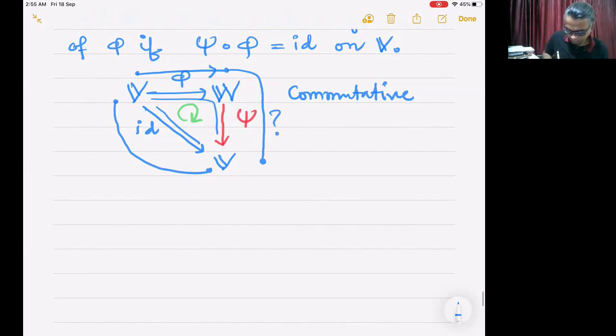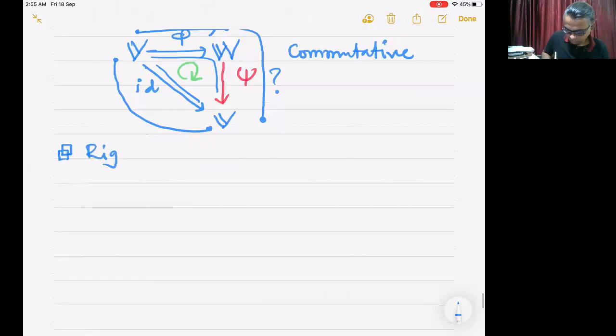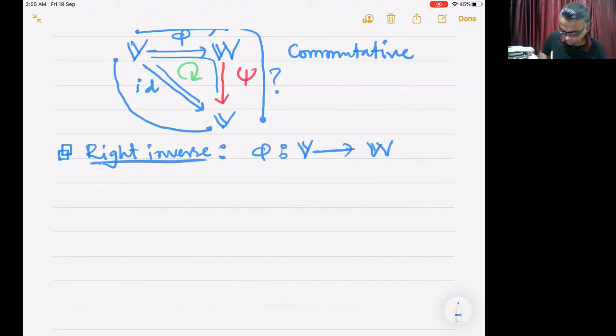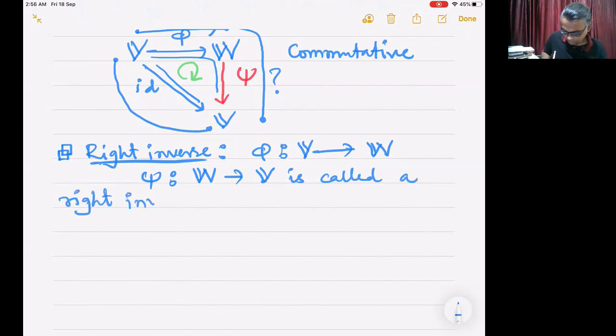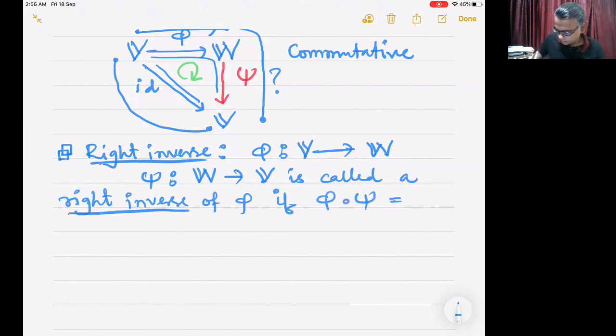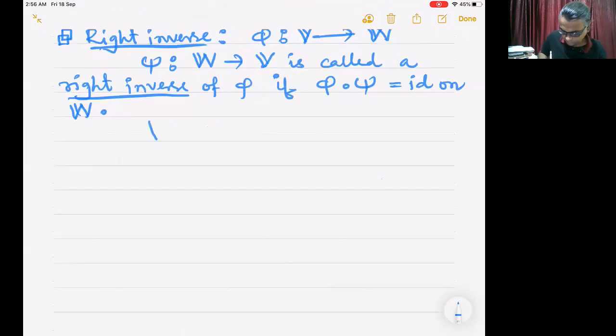Similarly, for a right inverse, once again I have phi, which is a map from V to W. Psi, which is a map once again from W to V, is called a right inverse of phi if phi psi is identity on W. Commutative diagram wise, this would mean once again I have V, I have W, but I want it to be the identity map on W. So I have this phi here.